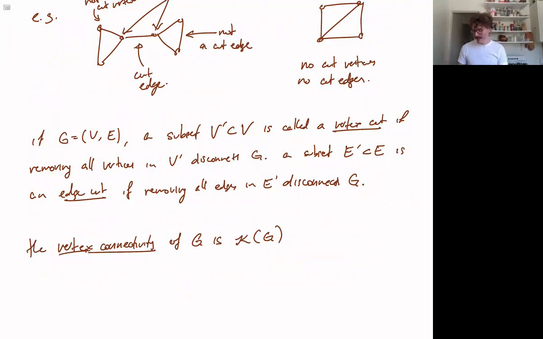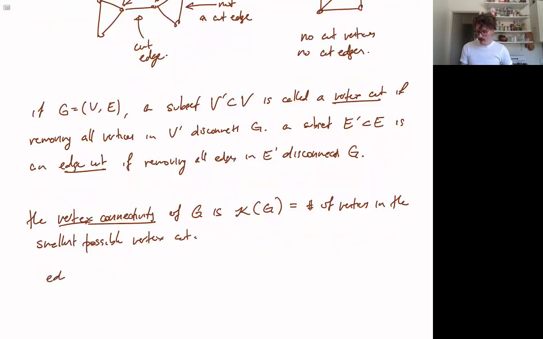The vertex connectivity is denoted kappa of G, and it is equal to the number of vertices in the smallest possible vertex cut. So what is the minimum number of vertices that you need to cut in order to disconnect the graph? That is the vertex connectivity.